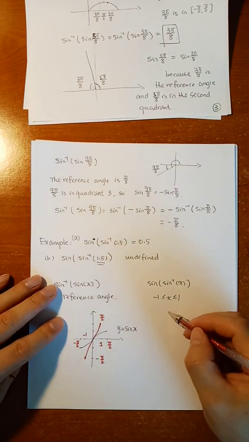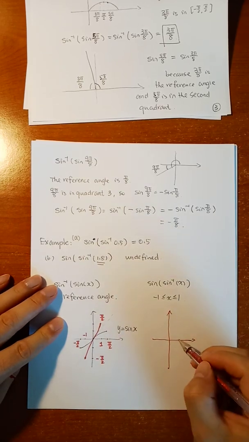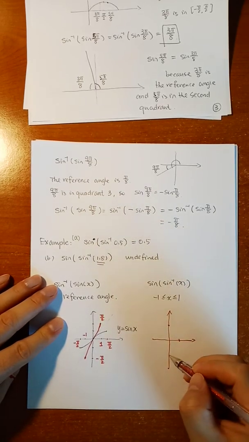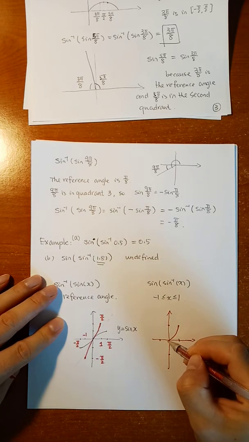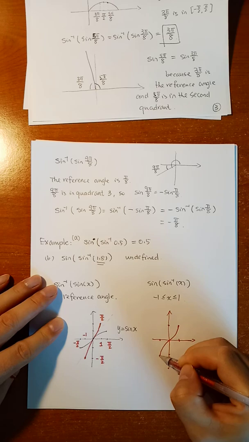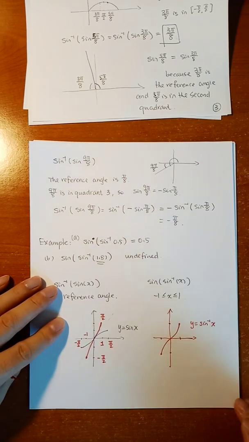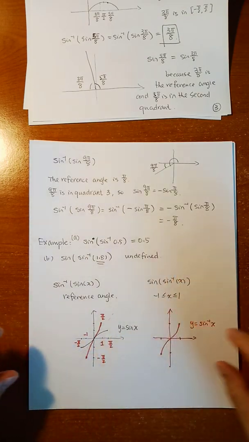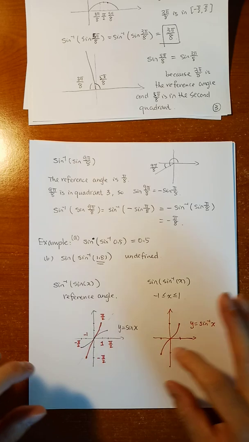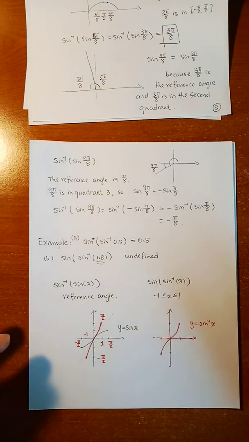So the graph of sine inverse is vertical. Remember when we talk about the wave function, the sine function, we always say the graph is a little bit flat, so it's horizontal.